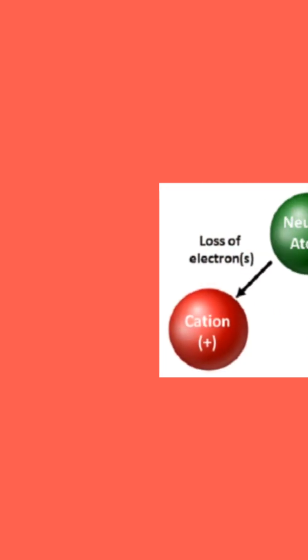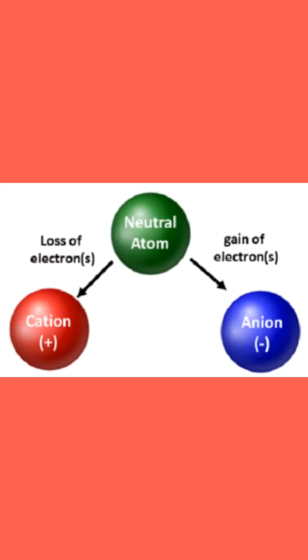Remember, in ionic bonding, it is always the metals that lose or give their valence electrons to nonmetals, while nonmetals are always the ones that gain the valence electrons from the metals.